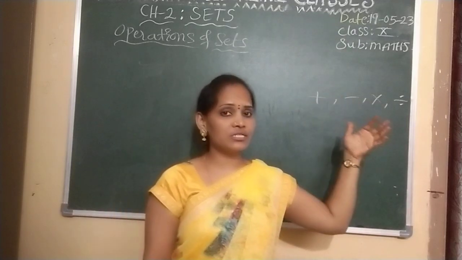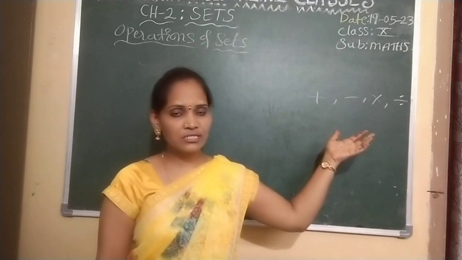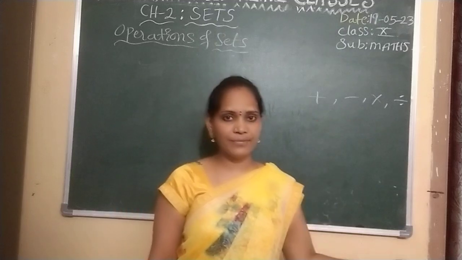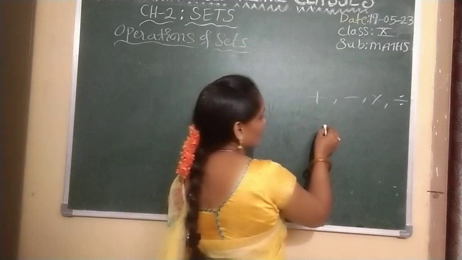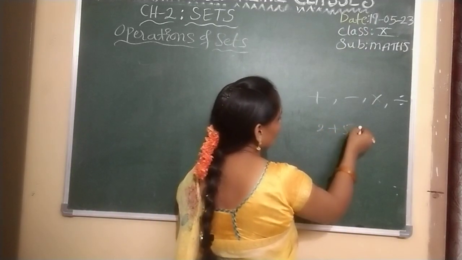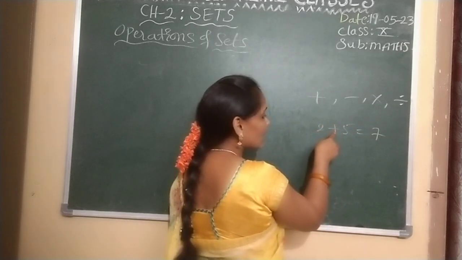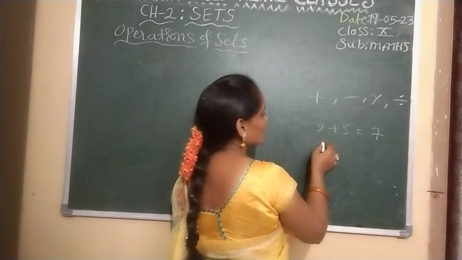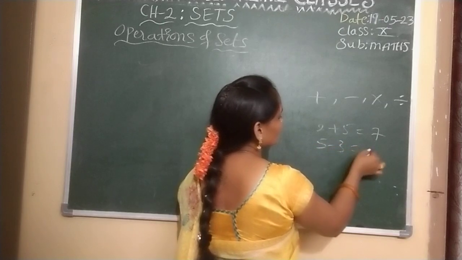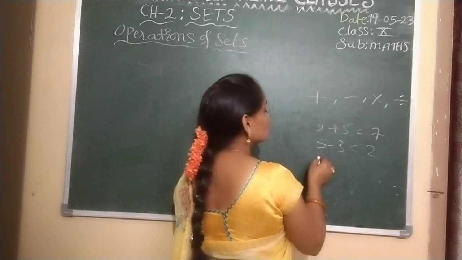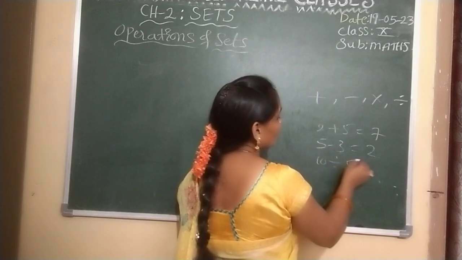Where should we use these operations? We use these fundamental operations on numbers. Suppose 2 plus 5 is 7, this is addition on numbers. Suppose 5 minus 3 is 2. Suppose 10 divided by 5.